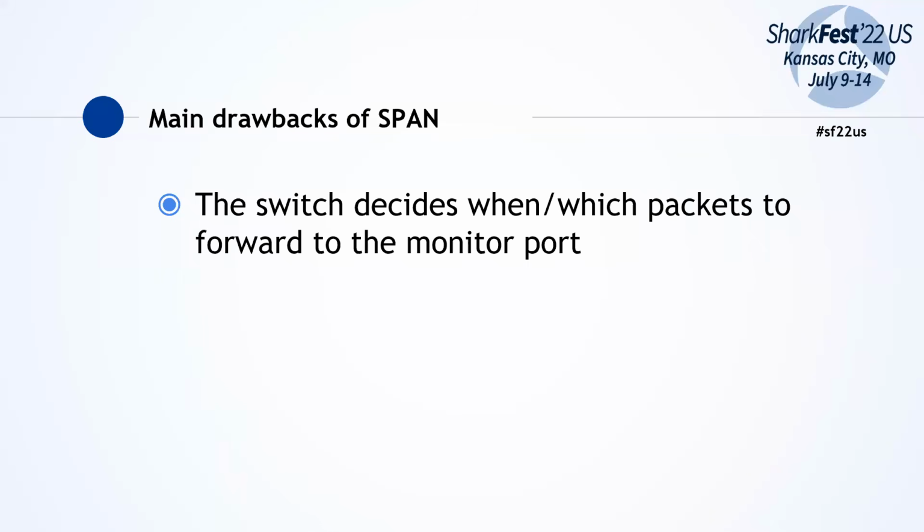So if you're troubleshooting an overload situation where you need to figure out why this is happening when we have high load, it may be that you do not get the packets that you want because the switch is dropping them, even though they had been there, and you don't get them on the capture device. So that is something you need to keep in mind. Span ports can be a problem in high load situations.